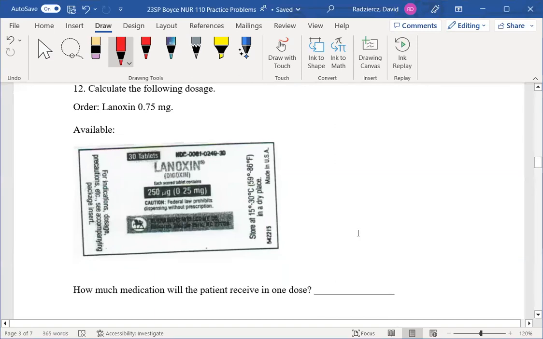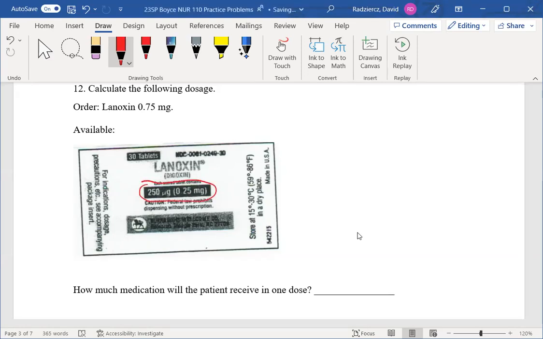Okay, so we'll also look at this one. This is actually an example of still a one step, but potentially could be 2-step, depending on what the order was. One of the things to pay attention to is that you will see the label is marked with 2 things: 250 micrograms, that looks like this, 250 and a U G, so that's micrograms, and then or 0.25 milligrams.